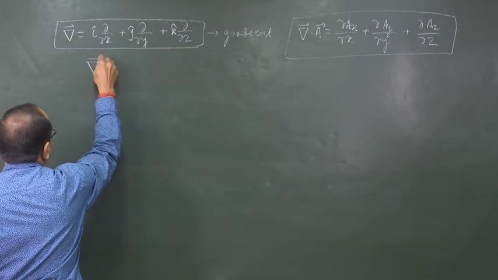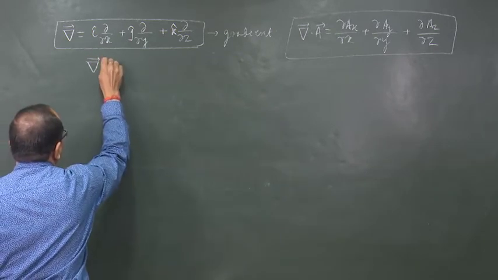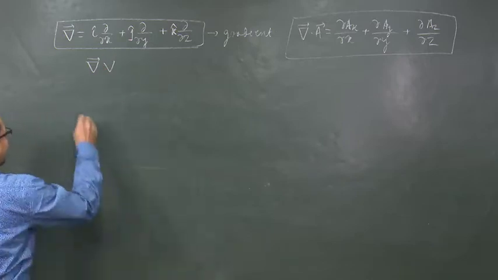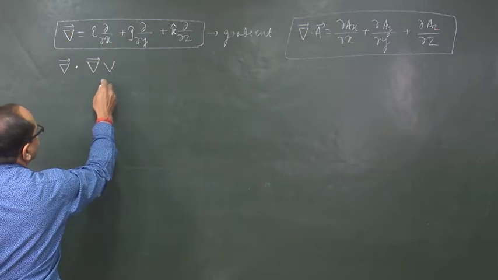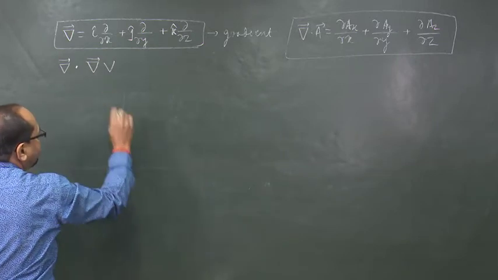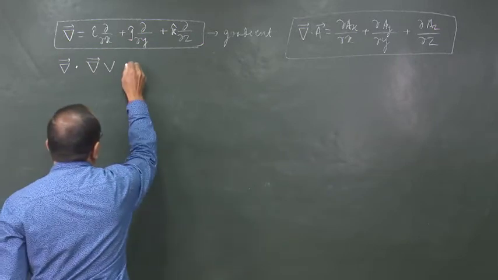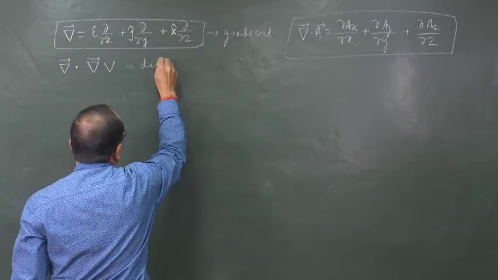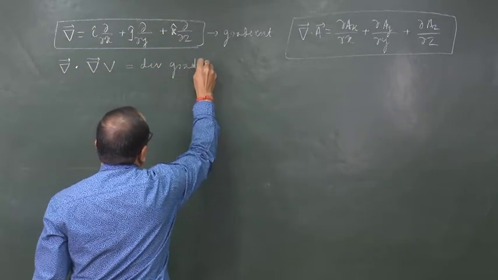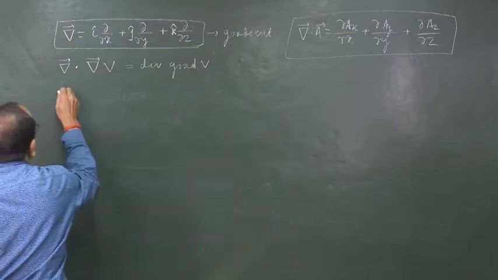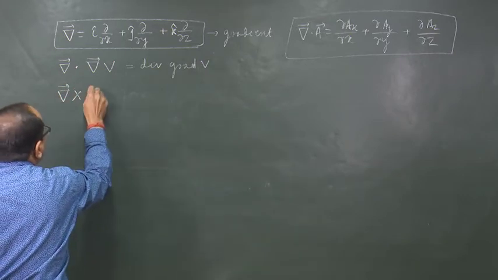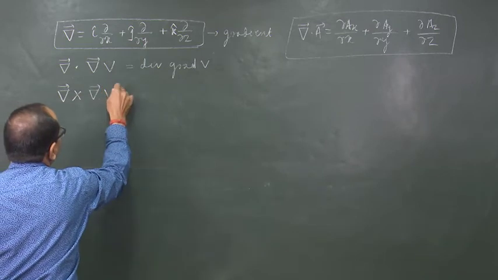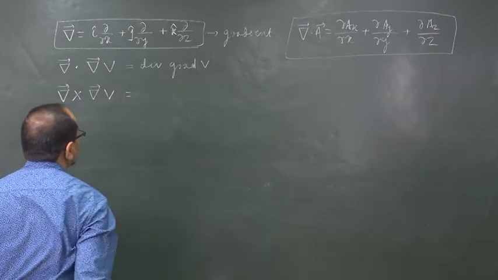Grad V is a vector. We can take divergence of this vector. So, this will be div of grad of V. Or we can take curl of this vector, that is curl of grad of V.